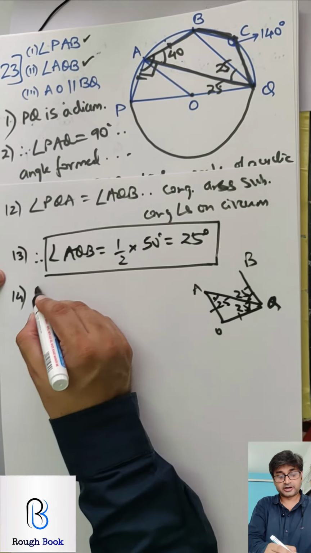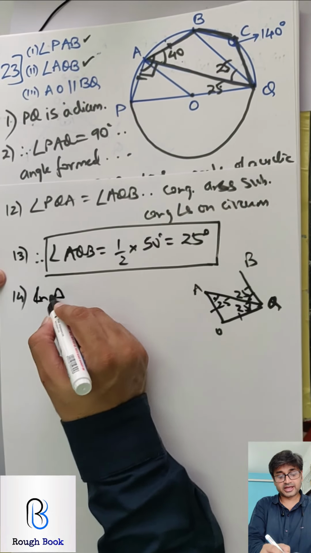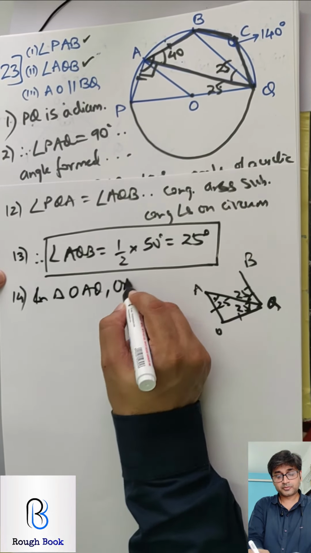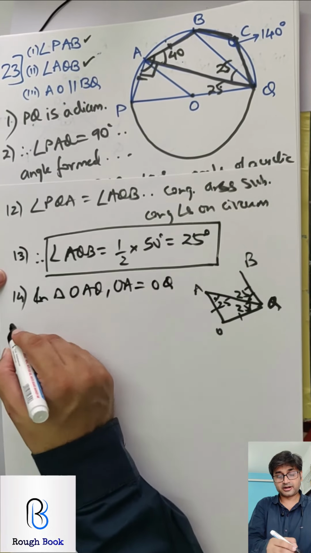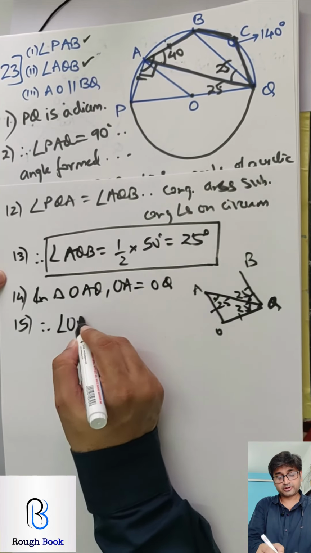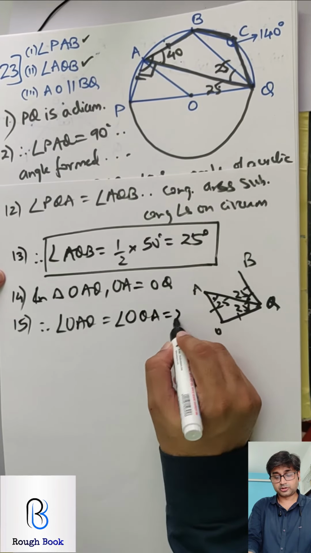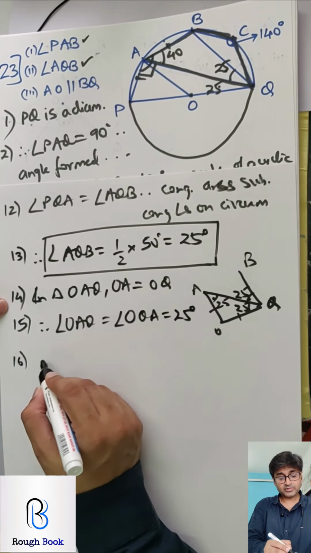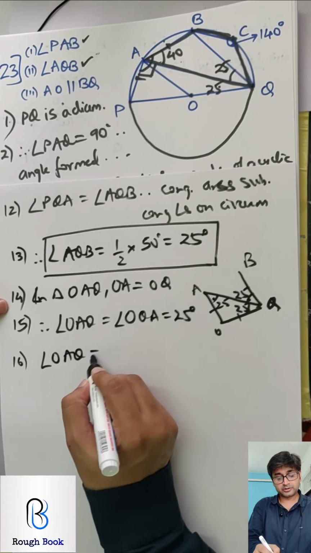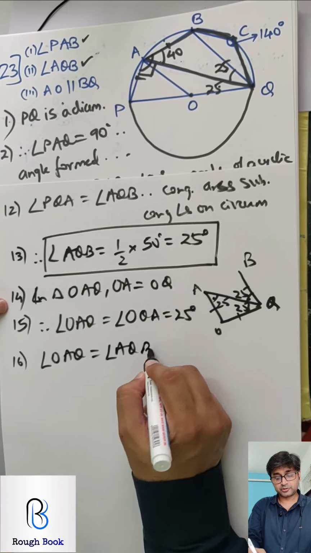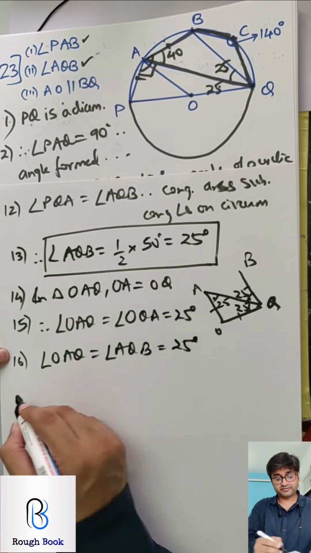So let's write the last part. I will say in triangle OAQ, OA equals OQ, right? Radii of same circle. Therefore angle OQA, OAQ both are equal to 25. Then we will say angle OAQ equals AQB equals 25.